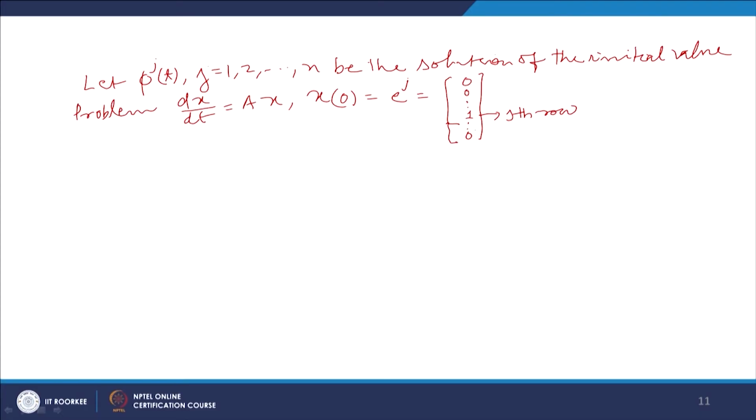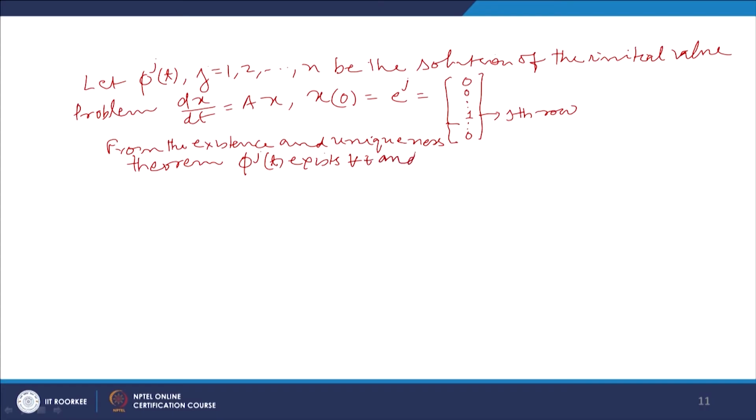Now, from the existence and uniqueness theorem, phi j(t) exists for all t and is unique.